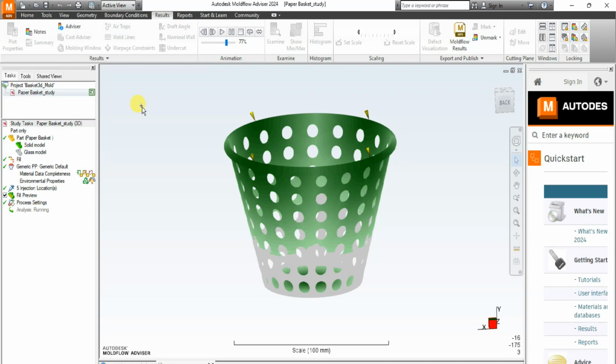You can see coordination is taking place from the injection locations. At the same time, I've initiated the analysis and it's running. Usually before you make use of fill preview, you definitely have to set injection locations.